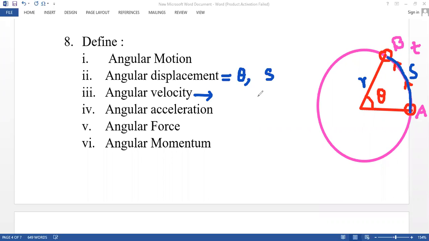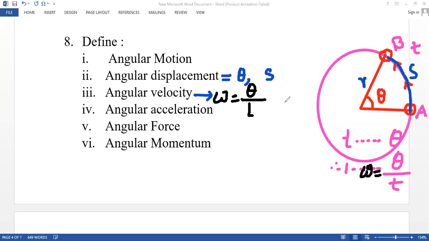So in t seconds it travels angle theta; in 1 second, theta by t. That is the angular velocity. Angular velocity is indicated by omega, not w. So omega equals theta by t.